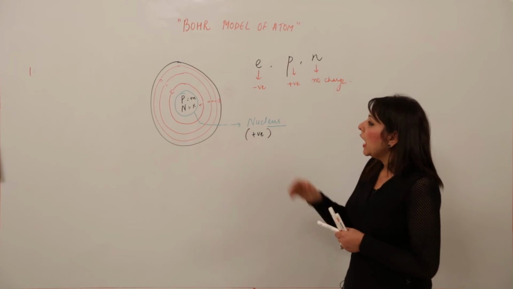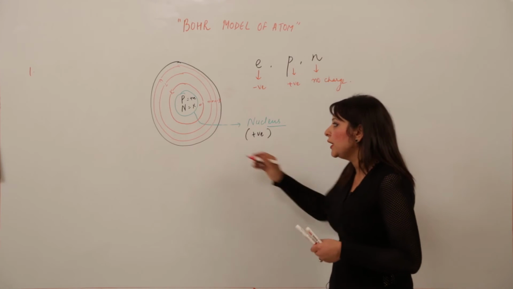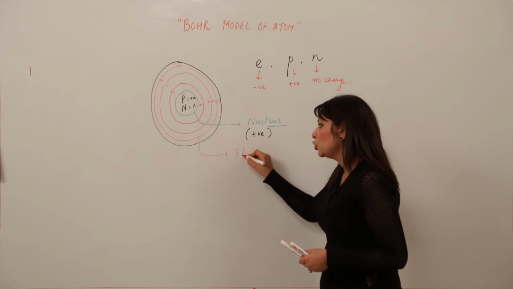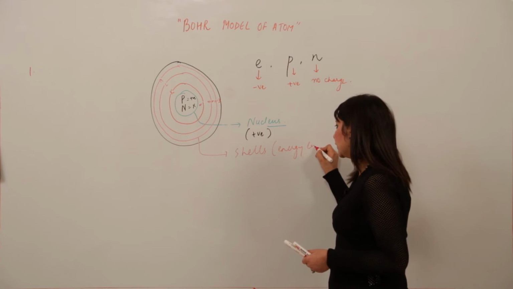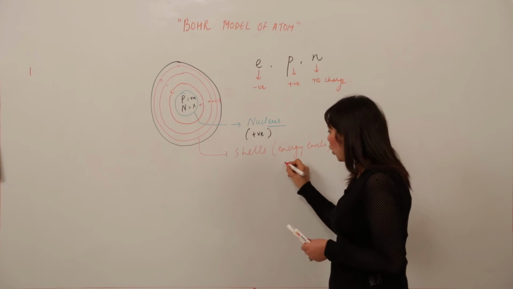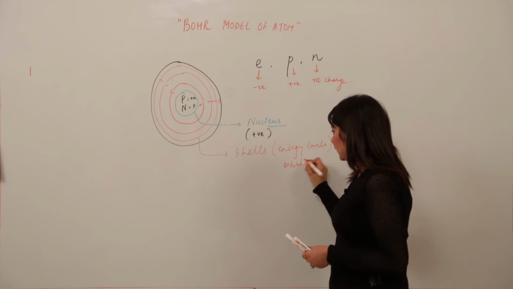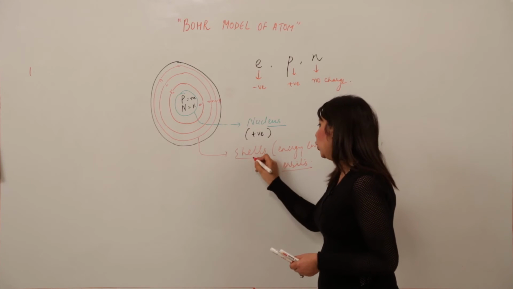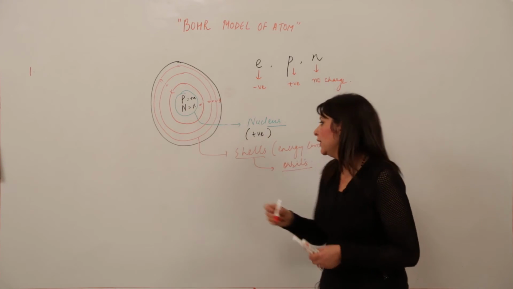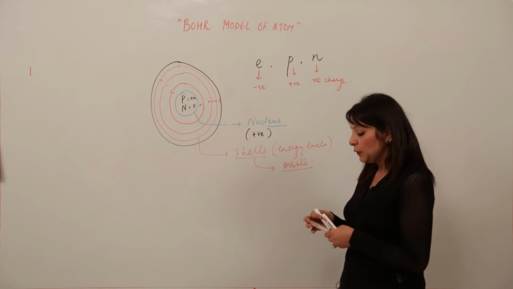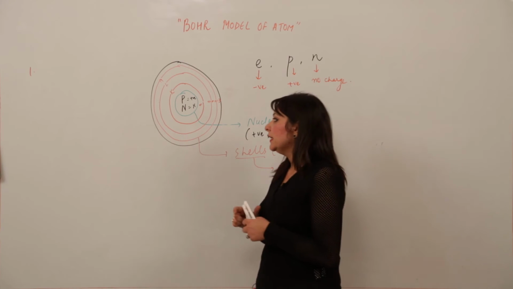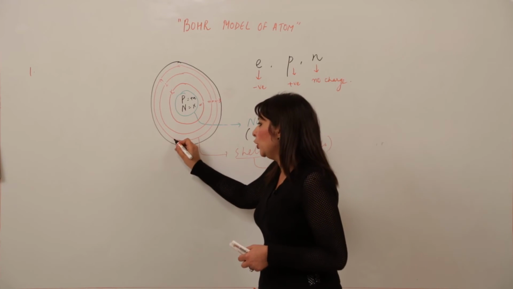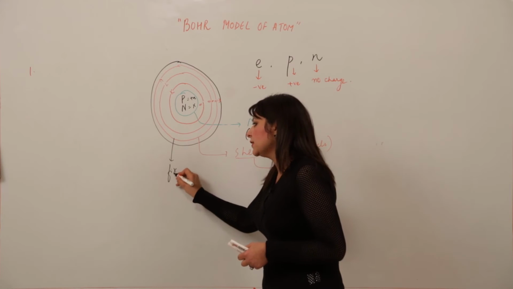So he said outside the nucleus shells are present. We can also call the shells energy levels or orbits. Shells are called orbits because they are spherical. And why are they called energy levels? Why did Bohr give this term? The reason is that he said these orbits have fixed energy.